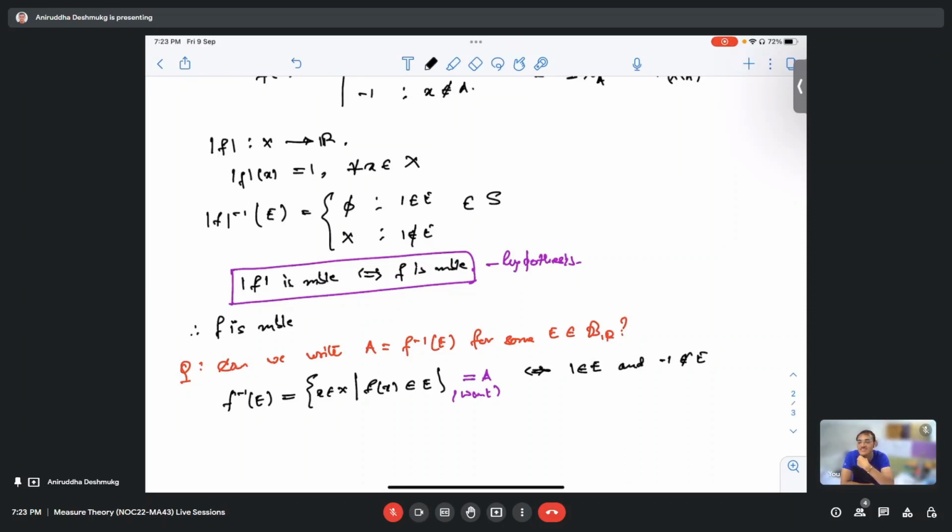You tell me one set of R, which is a Borel set, and it contains 1, but it does not contain minus 1. It can be any open set which contains 1, and obviously we have to exclude minus 1. But you give me one example of that.